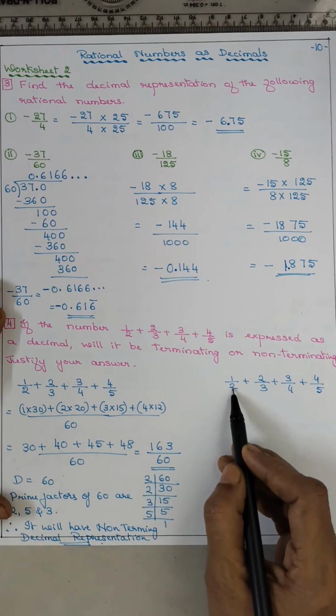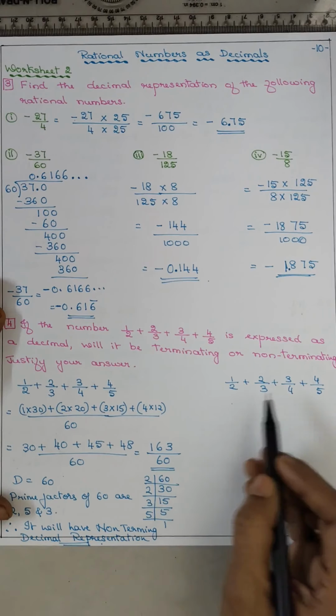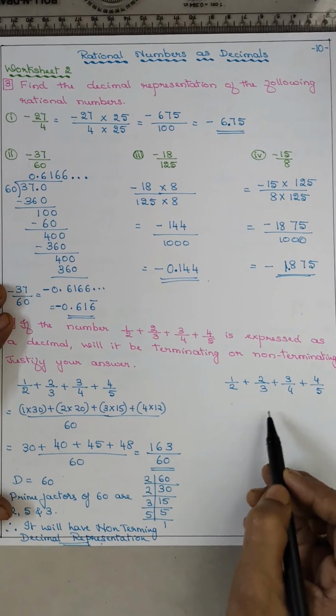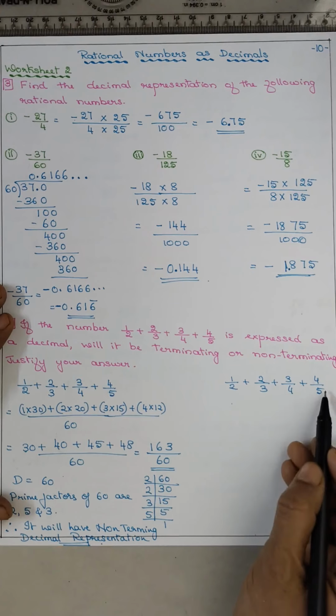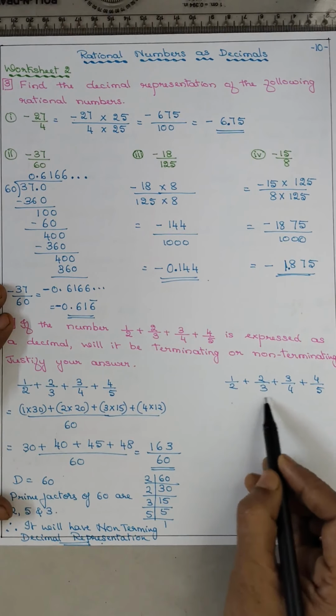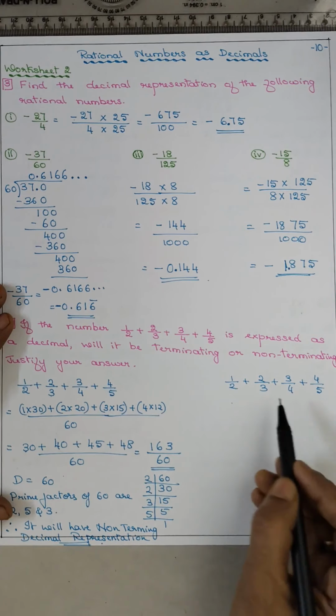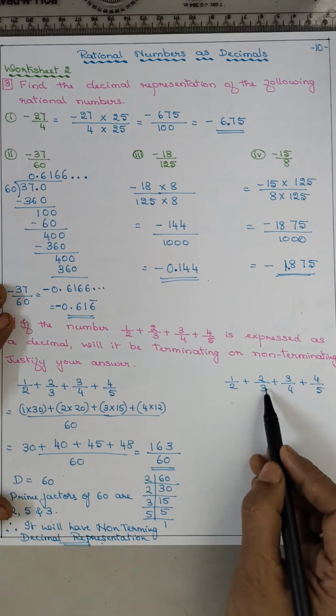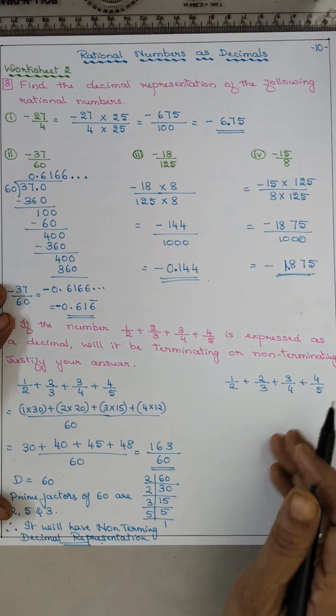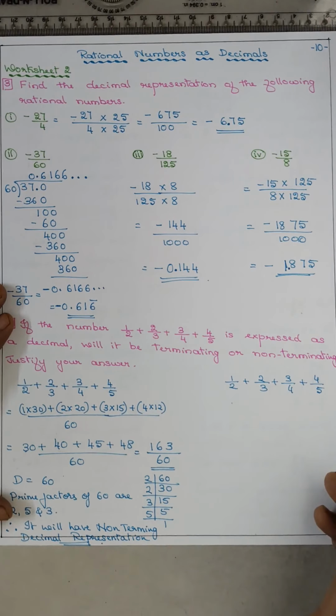The prime factors are 2, 3, 2 2 and 2, and 5. Here an extra 3 is there, so that means it will have a non-terminating decimal representation, isn't it?